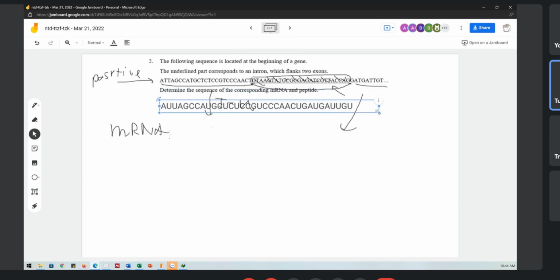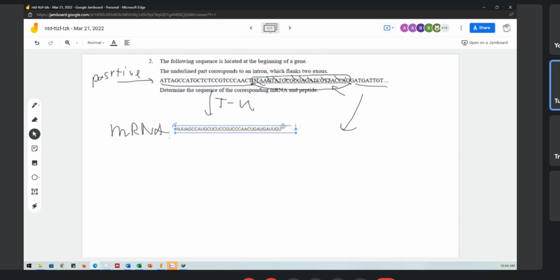Okay, if I make it smaller, you can see that A is still A here. All T will be U, and so on. Maybe erase all this so you can easily see.